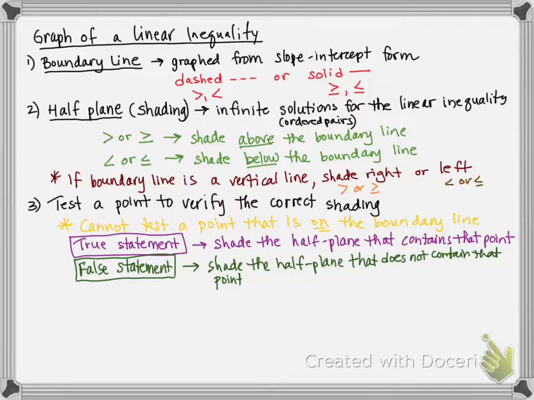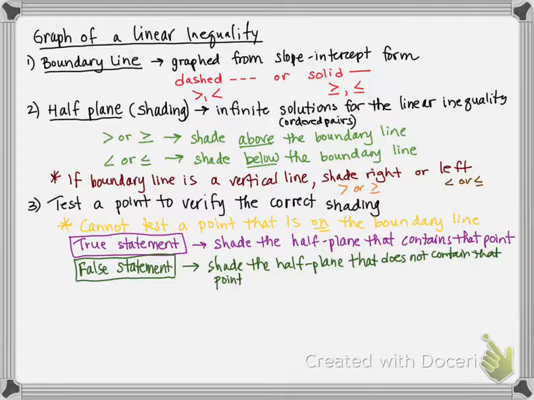If I get a true statement, that means I'm going to shade over where 0, 0 is. If I get a false statement, I have to shade the part of the boundary line that has nothing to do with 0, 0. So I kind of just use 0, 0. And if 0, 0 is on my boundary line, then I try a 1, 0, or 0, 1, or a 1, 1. The smaller the numbers, the easier the calculation.